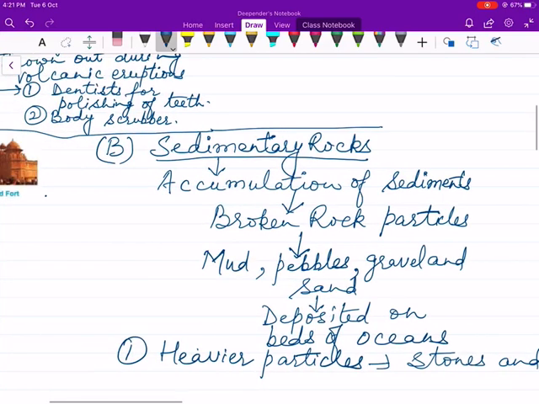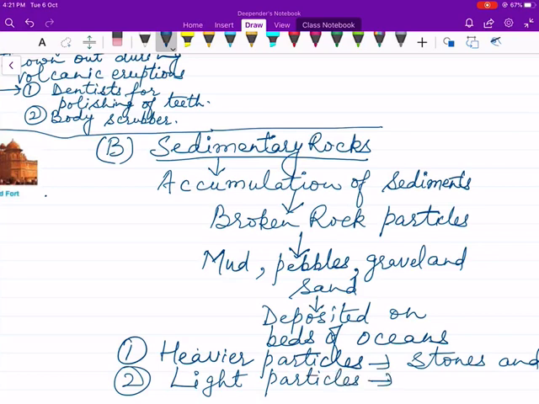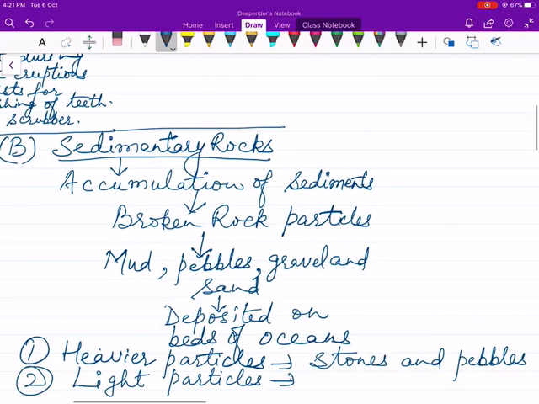And if we come to the second type, that is the light particles. The light particles include sand and silt. Sand and silt settle down next, second.